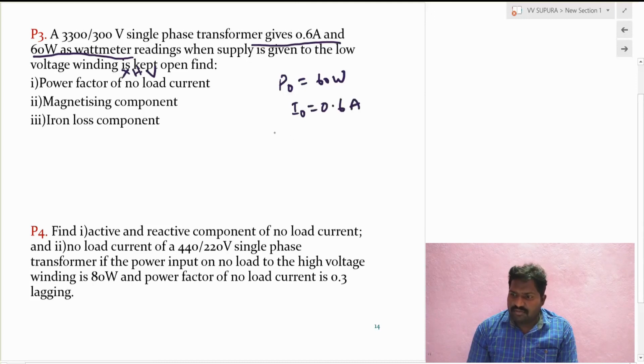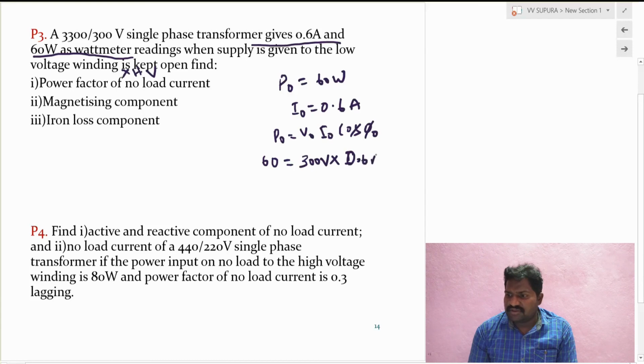We already know P naught is equal to V naught I naught cos phi naught. So 60 is equal to the no load voltage, on the primary side it is 300 volts, into I naught which is 0.6 amperes, into cos phi naught. Now the power factor cos phi naught is equal to 0.33.